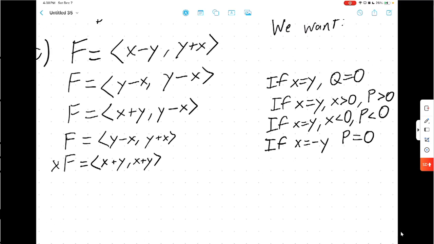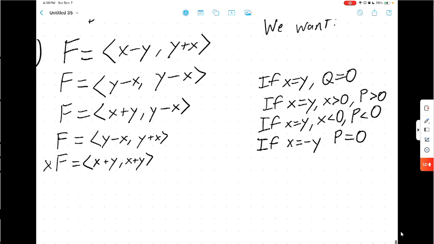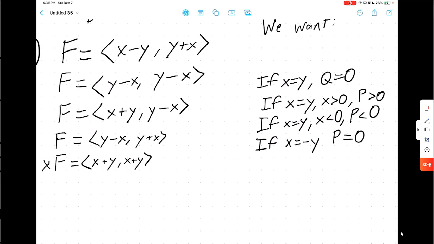And the correct one should be, what is that? It's gonna be x is bigger than 0, p is bigger than 0, and q is equal to 0. Equal to 0 means you have one of these two.